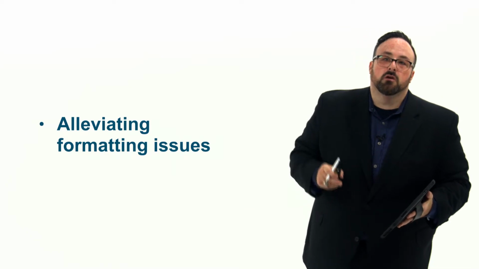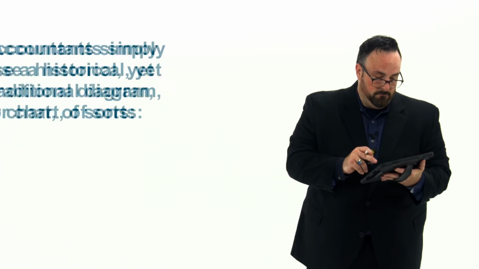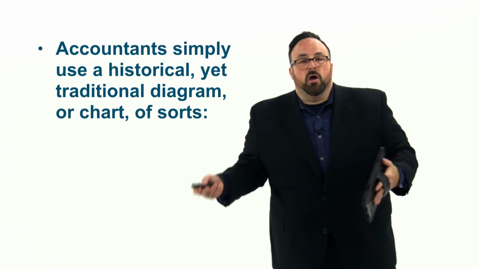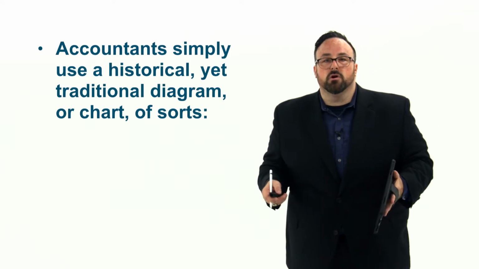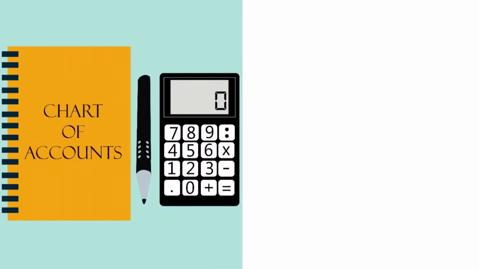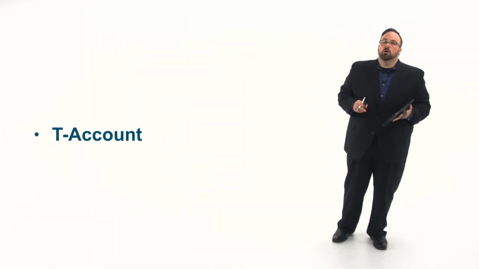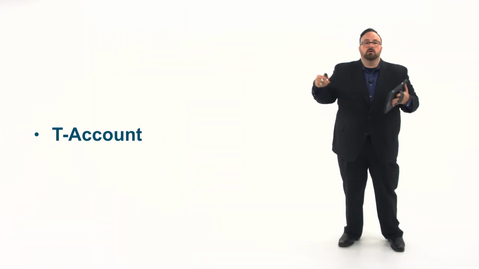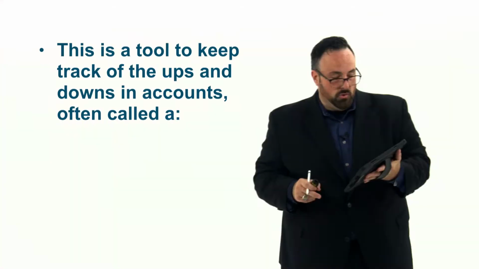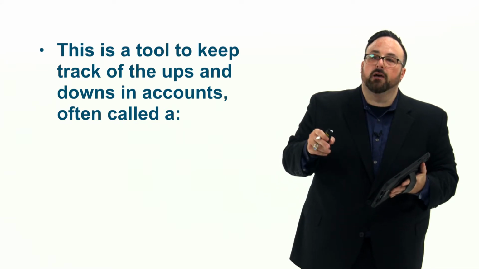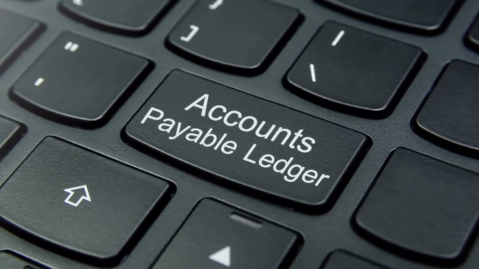Now let's discuss alleviating formatting issues. By and large, throughout history and tradition, accountants use a simple diagram within a chart of accounts. We're talking about what is called a T account. This is a tool to keep track of the ups and downs, often called a ledger.